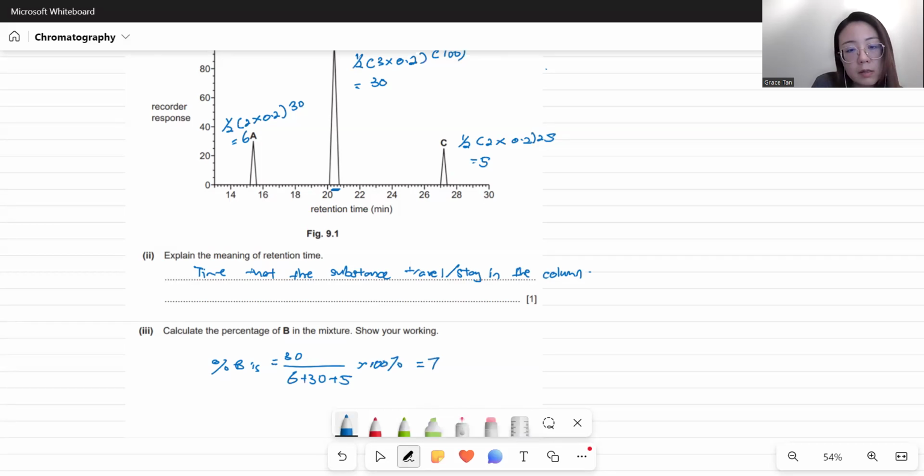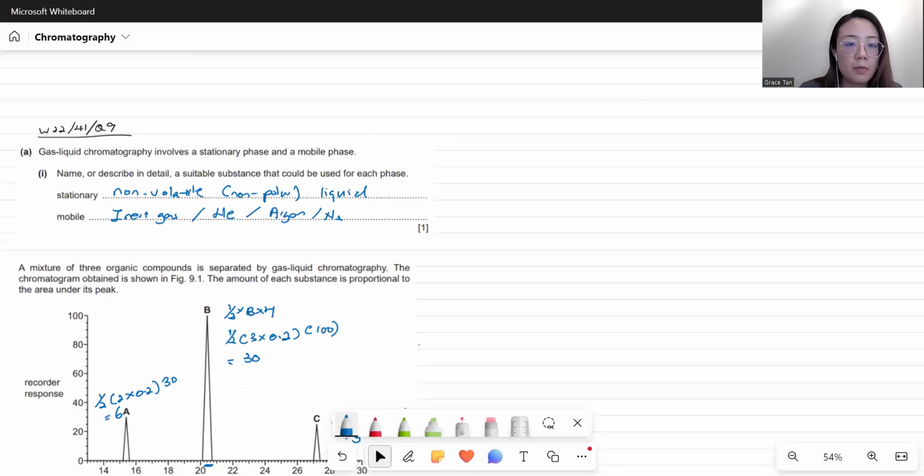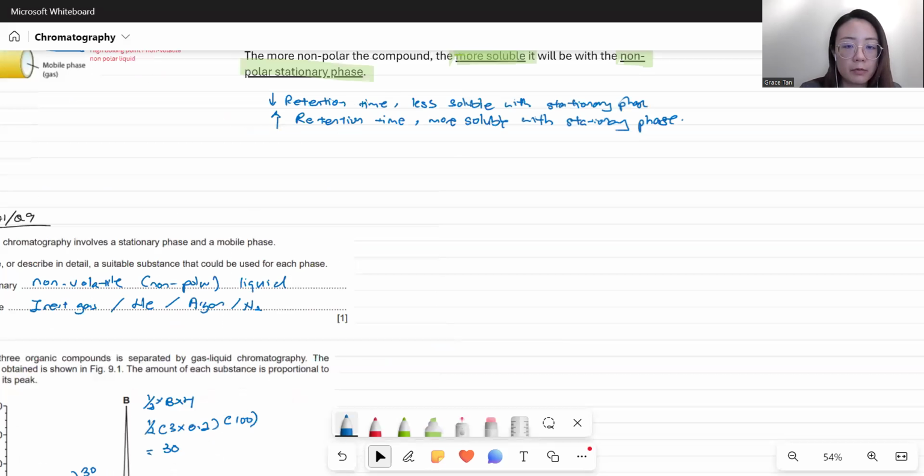You will calculate this to be 73.2%. All right, so you have 73.2% of B in your total mixture. This is also the quantification part of gas liquid chromatography. Okay, so far so good, everybody? I'm done with gas liquid chromatography already.